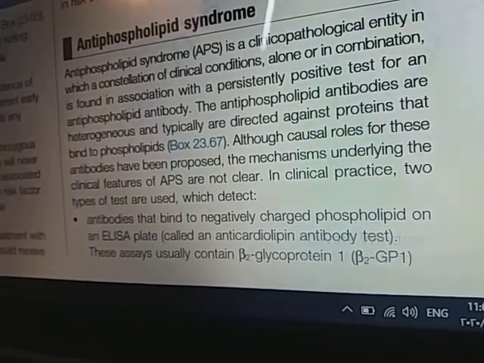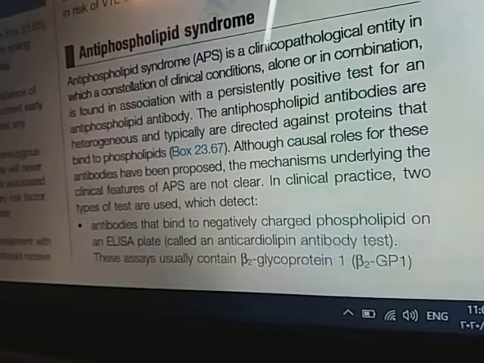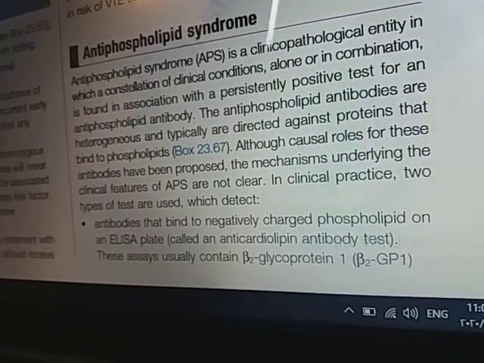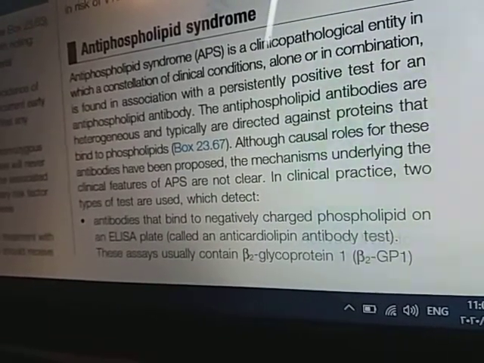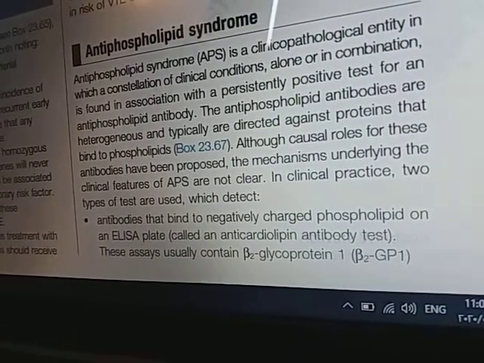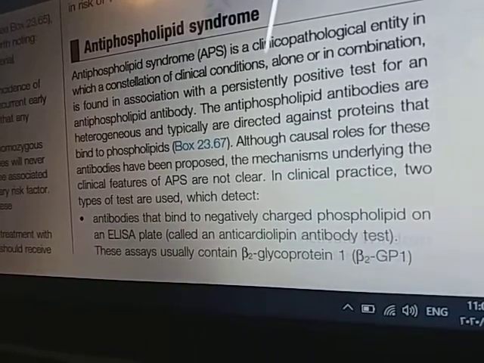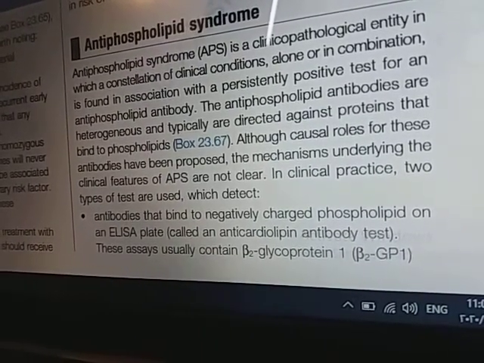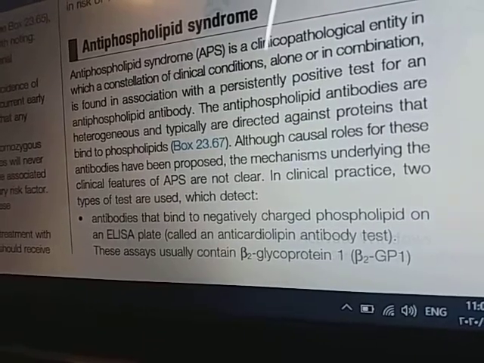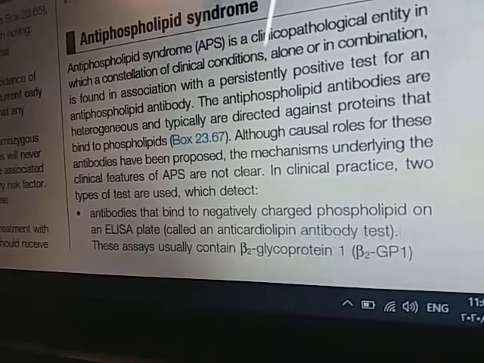Now, pregnant ladies with APS, antiphospholipid syndrome. For those ladies, one uses low dose aspirin once the pregnancy test is positive.